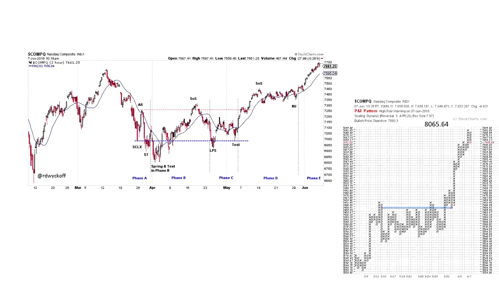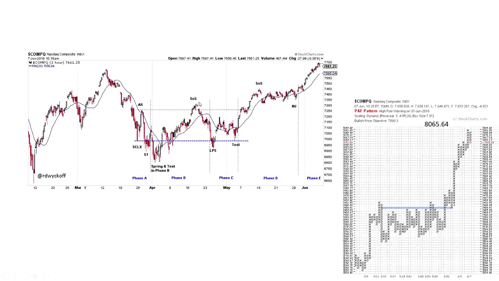We're in good shape. Here's the NASDAQ composite, and here's a Wyckoffean view of this accumulation area from late March through May. And it has all these great characteristics. And so selling climax, automatic rally, this sets the range, support and resistance.